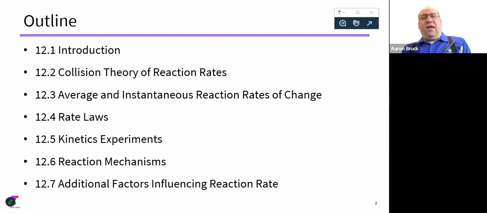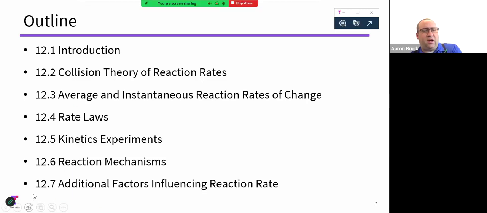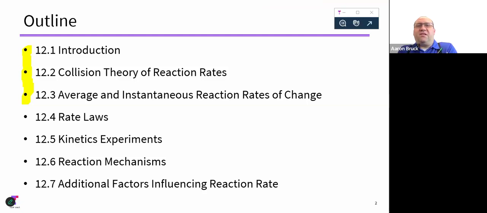And so our main focus today is going to be over these topics here, where we're going to talk about what kinetics is. We're going to introduce a theory that helps us to explain kinetics and what might make a reaction go fast or slow. And then we'll talk about some of the ways that we measure reaction speed.